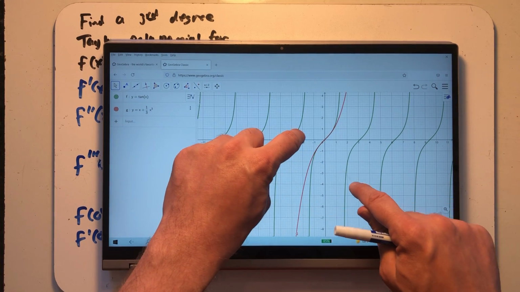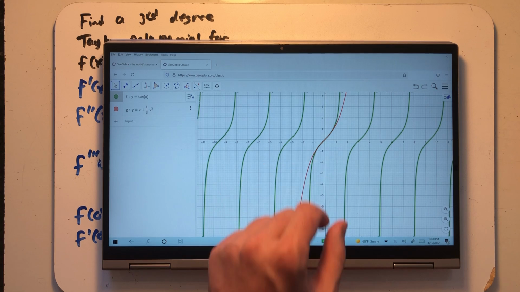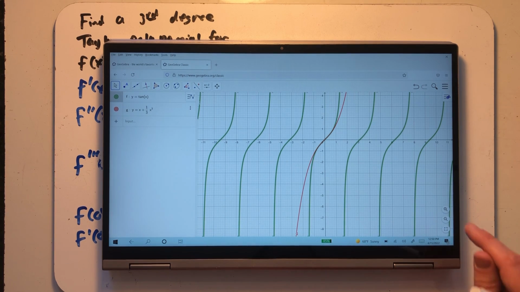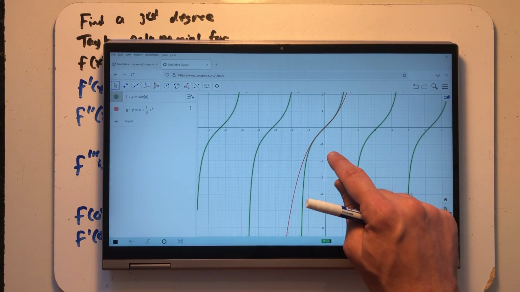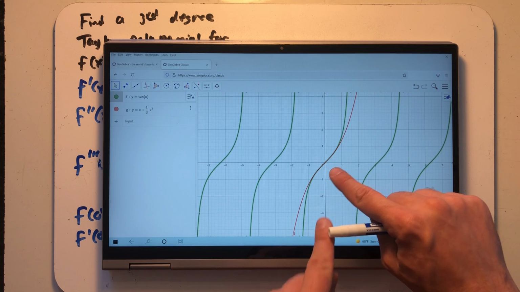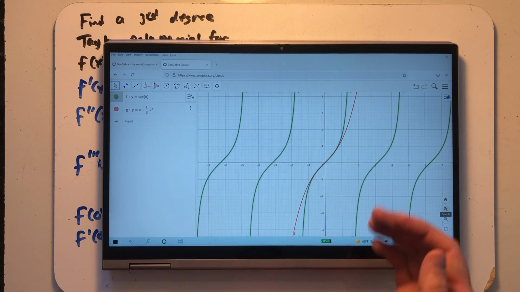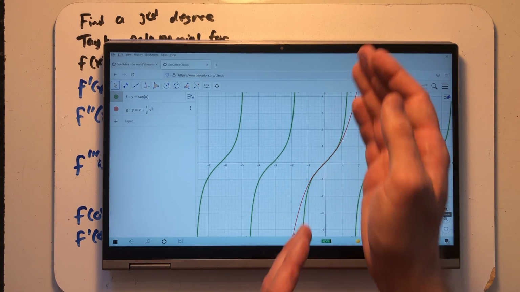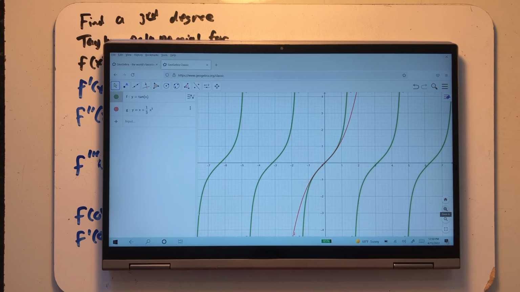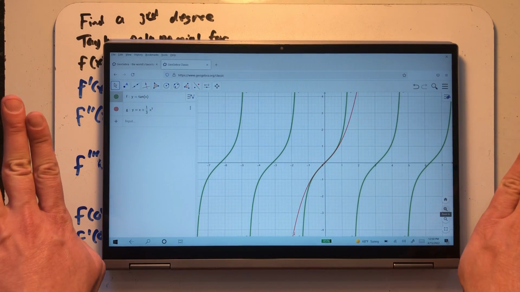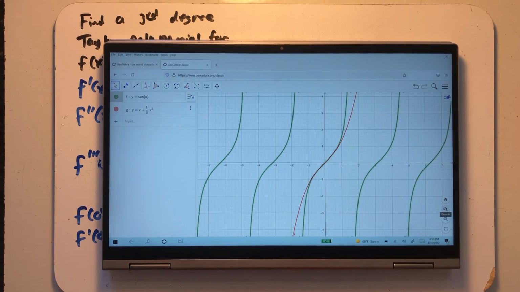And so what I see here is a function that's doing a pretty good job of approximating tangent at least near 0. And I think I can imagine what's going to happen if I added more terms to this Taylor polynomial, that it's going to get closer and closer to this middle part of the tangent graph. Of course, not doing anything out here. So that even gives me an idea of where, if I wrote out the entire Taylor series, I think I know where it might converge.